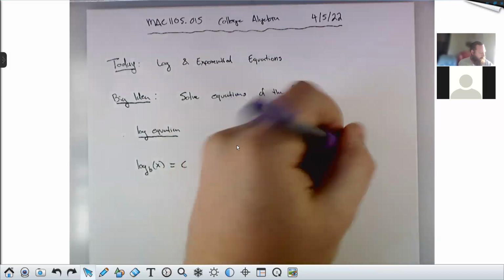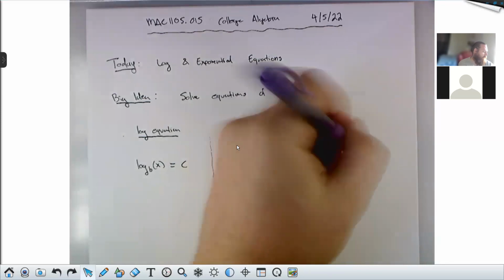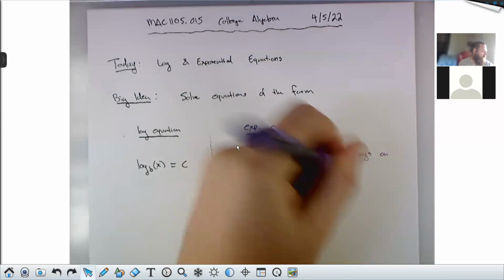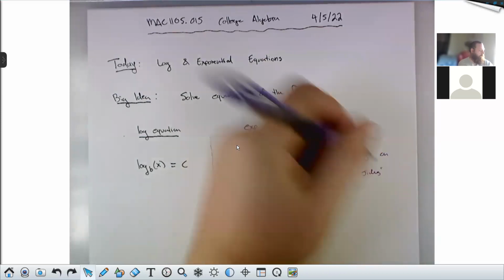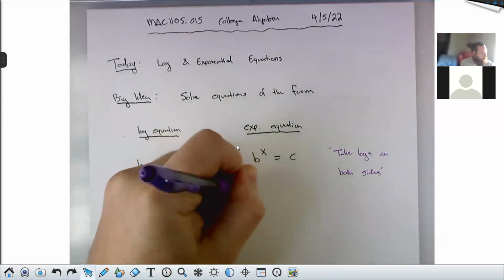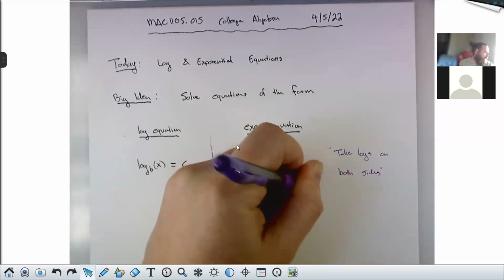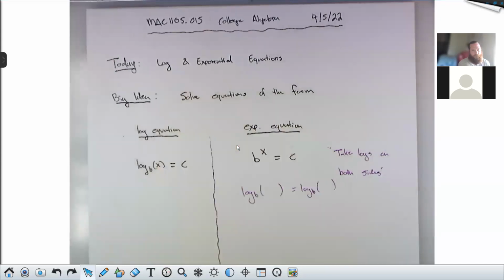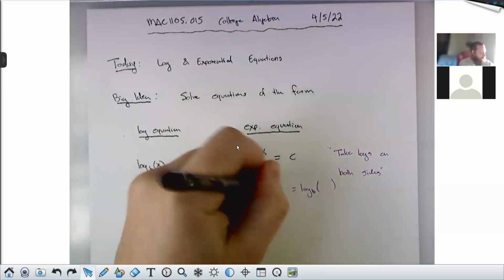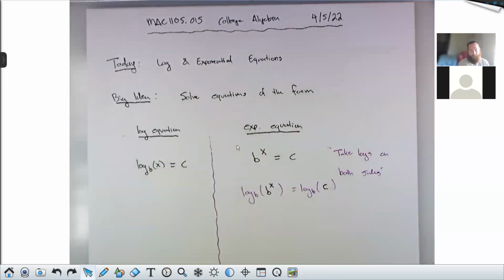The main operation over here is going to be taking logs on both sides. So this usually would look like putting both sides of the equation inside the logarithm. Here I would have the log base b of b to the x, and over here I'd have the log base b of c.